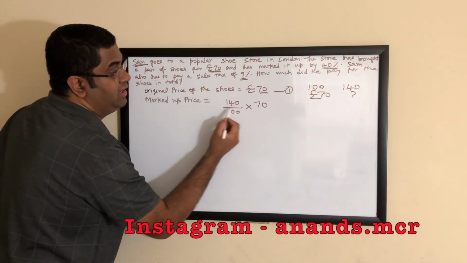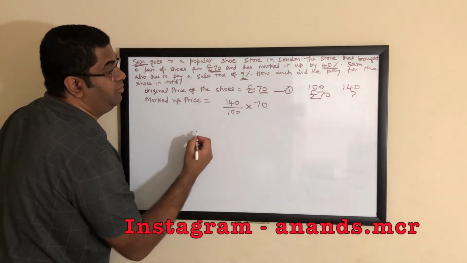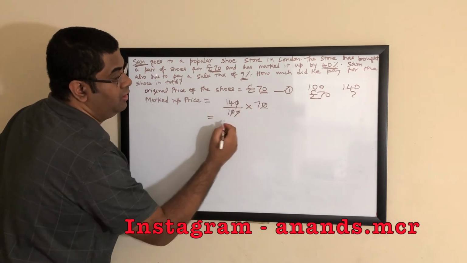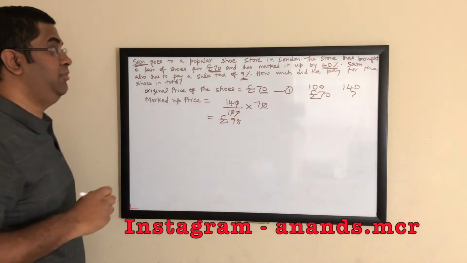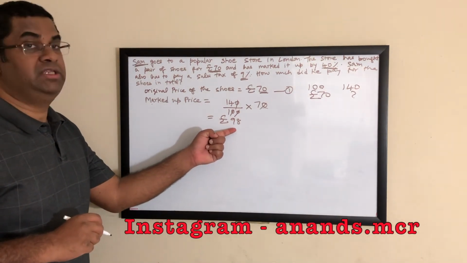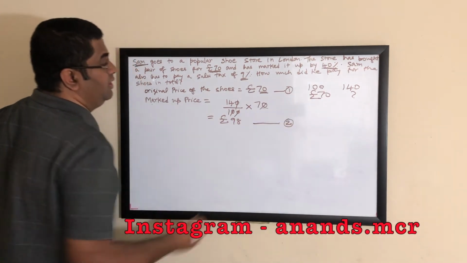So we have to calculate what the marked up price is when the bought price was £70. This will yield £98. So what this basically means is, to Sam, the store will be selling the shoes at a price of £98. Now let us mark this as step 2.